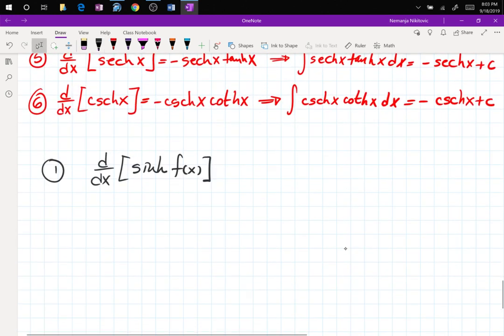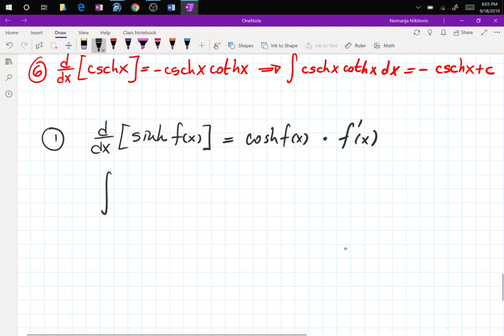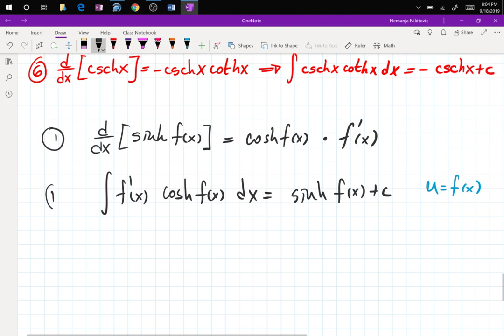You are using basic chain rule here, where the derivative of sine hyperbolic is the cosine hyperbolic of f of x times the derivative of f of x, which was the argument. So that's number one modified, and then modifying it for u substitution, it's the integral of f prime of x cosine hyperbolic of f of x dx, which will give you just sine hyperbolic of f of x, because you have number one for derivatives and number one for integrals.